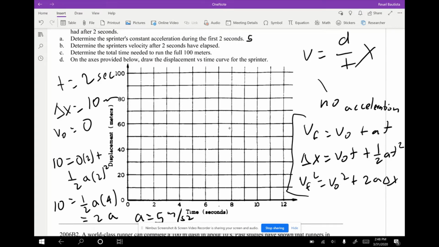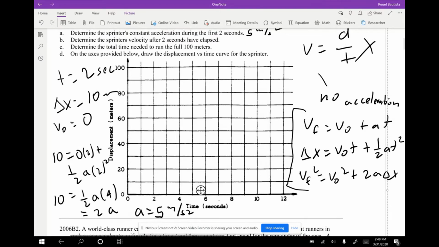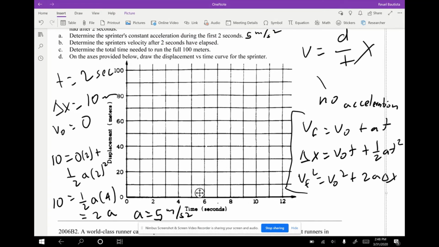So part B is saying, determine the sprinter's velocity after 2 seconds have elapsed, right? So what are we looking for there?